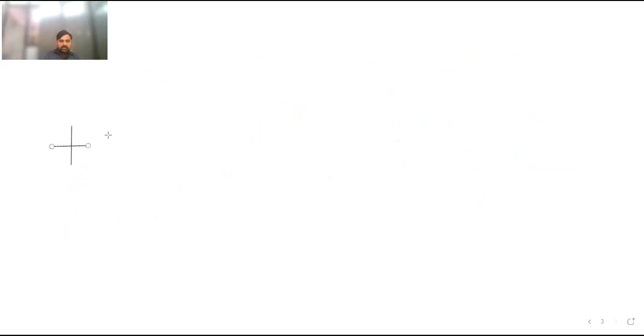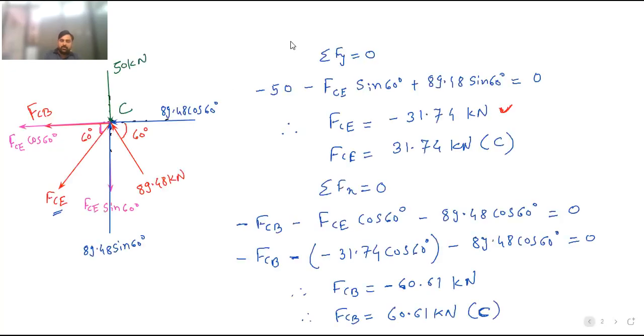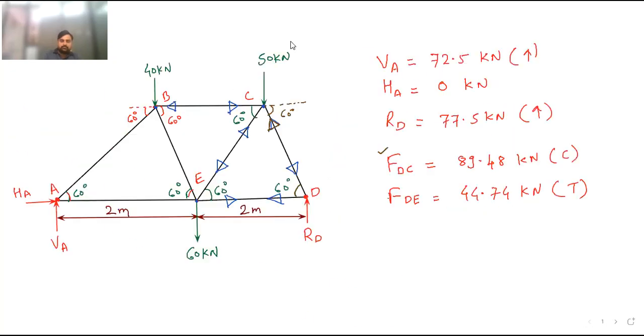This is x and y axis. Now at joint A, reactions. This is HA. Here it is VA. Then the forces in member. Here you can see at joint A, this member AB. AB is inclined at an angle of 60 degree.